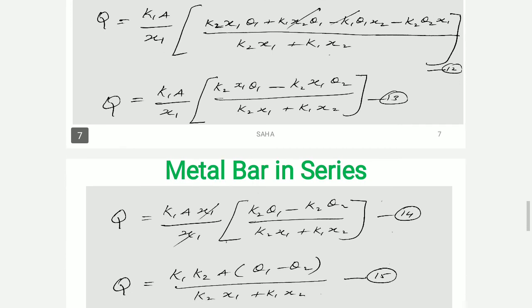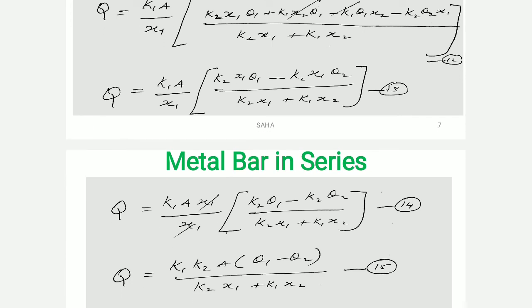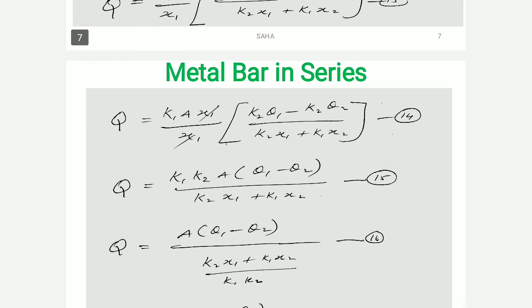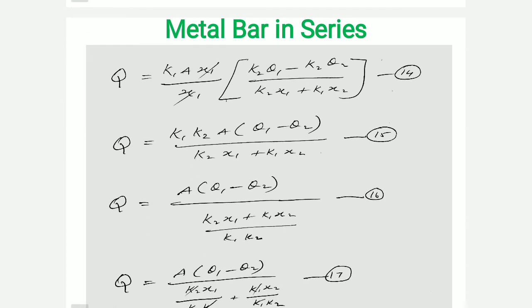In equation number 13, x1 is common inside only for the denominator, so we can take it outside. So x1 also cancels in the 14th equation. Then we can get equation number 15. Q is equal to k1 k2 is also common, take it outside.